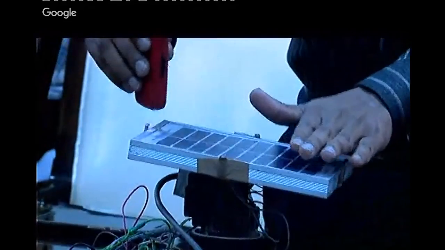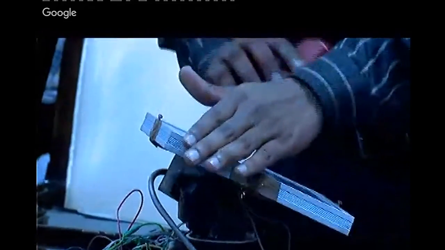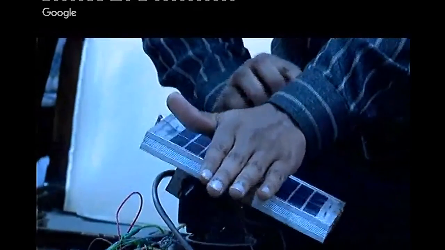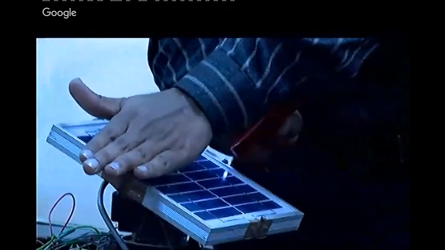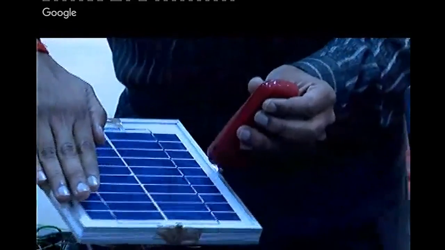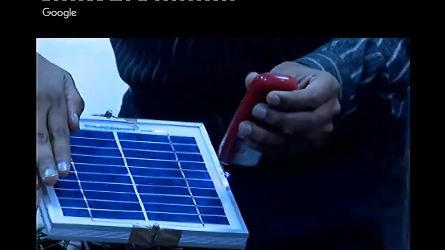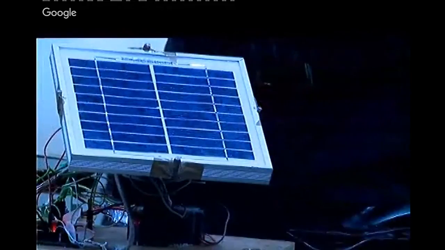You can check here as it is rotating. One side is dark, one side is light. It keeps rotating until it reaches the maximum light. This is the total working of the project.